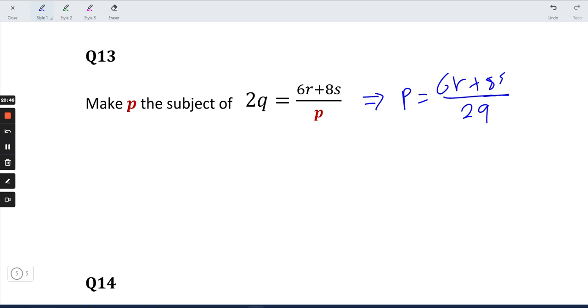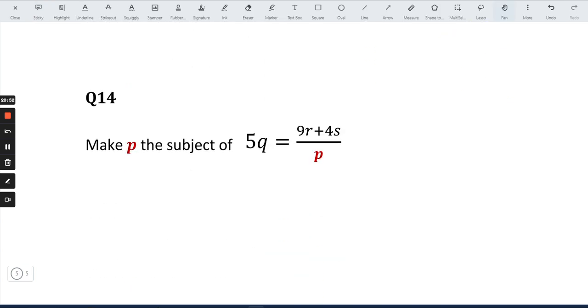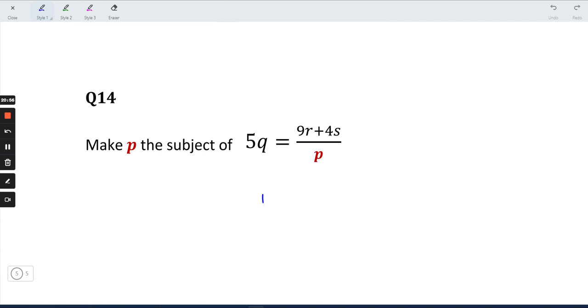Maybe you will have 2q minus 1, so you cannot swap. Again here you can swap directly, because they need p and p is in the denominator, the bottom on the right hand side, so p equals 9r plus 4s over 5q, or you can do it as we did before by cross multiplication.